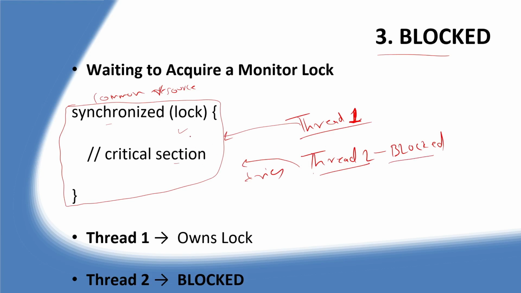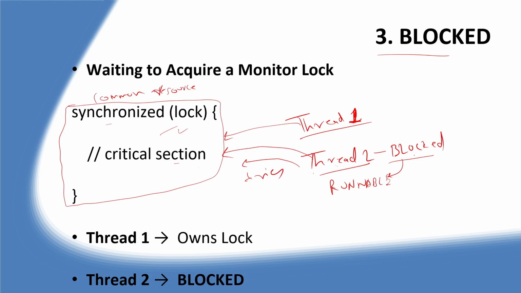Now thread 1 has released the lock, so thread 2 can acquire this synchronized block and move from blocked to runnable state. So the keyword for blocked is lock. The thread wants to enter synchronized code, but another thread currently owns the required monitor lock. Okay.